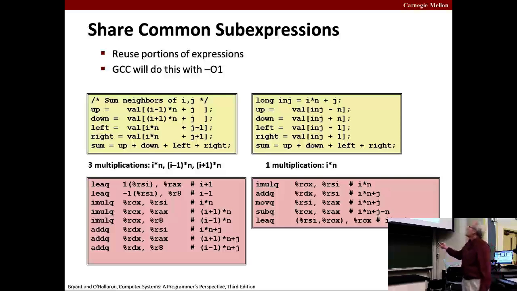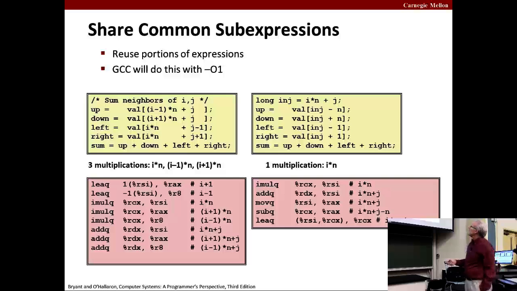The natural way you'd write this in C is, usually in images you count from the top down, so you'd say this is the pixel above, this is the pixel below, this is the pixel to the left, and this is the pixel to the right.